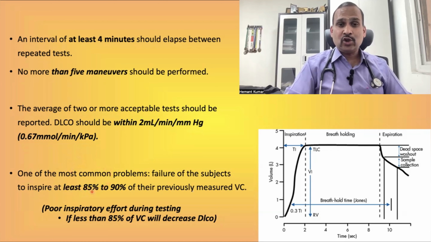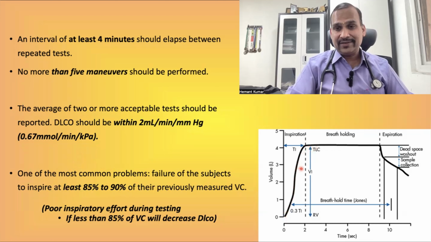One of the most common problems is that the patient is not able to take a breath up to TLC. The patient should take at least 85 to 90% of his previously measured vital capacity, meaning 85 to 90% of his TLC.